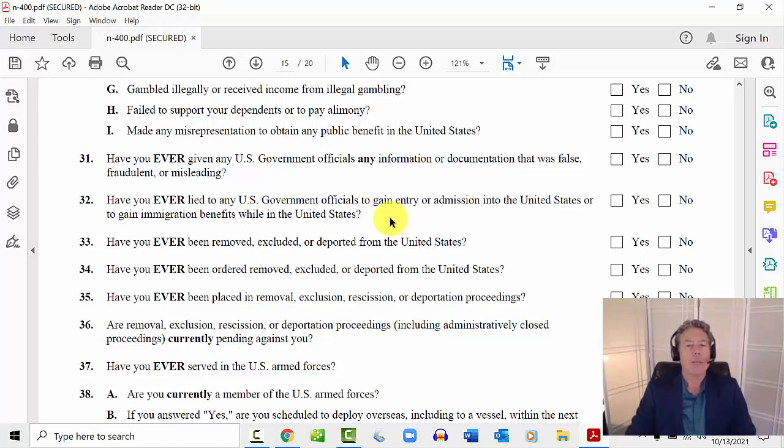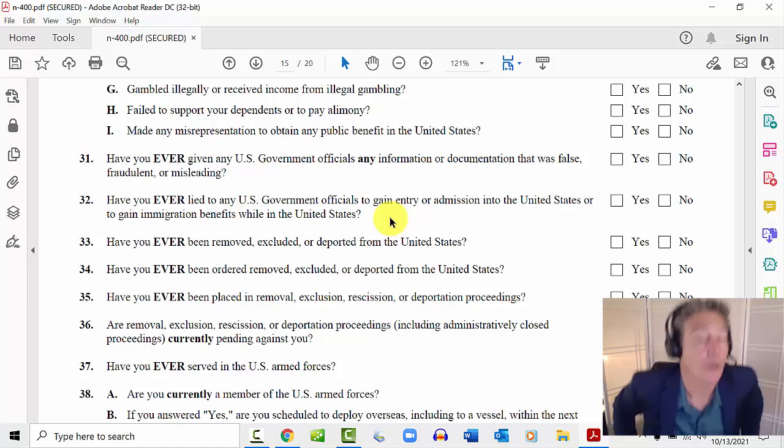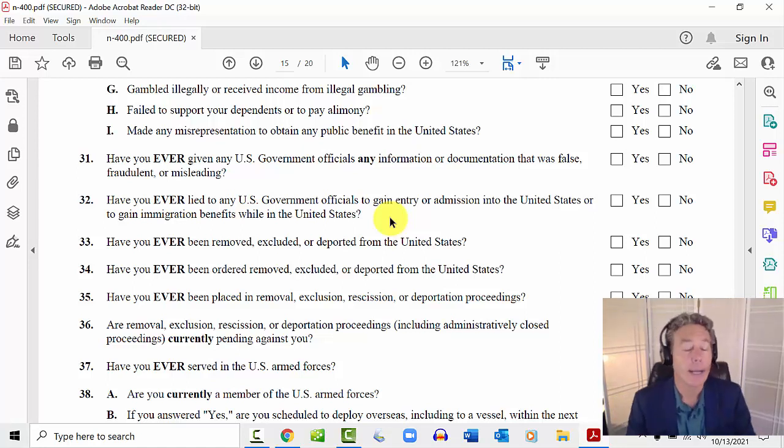But that is nuanced, where you might say no and then say, but I got a fake Social Security card at the swap meet in order to work in the United States. So there are ways to still keep your green card and get your citizenship when you've done that, but it's a very nuanced situation. You want to present the right documents. You want to talk to a lawyer about that.